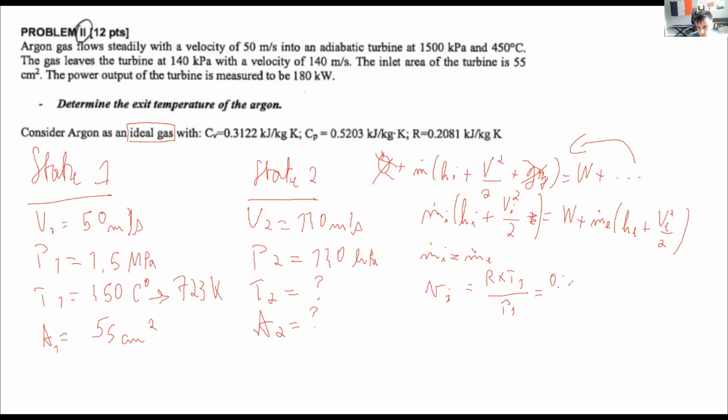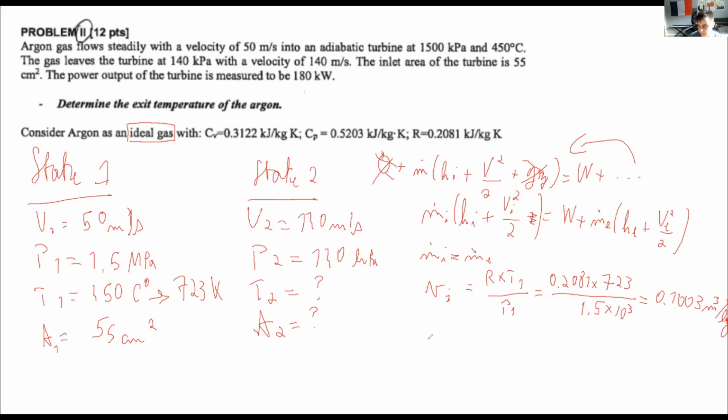So in this case, 0.2081 times 723 Kelvin divided by the pressure, which is 1.5 times 10 to the power 3. That gives you 0.1003 meters cubed per kilogram.